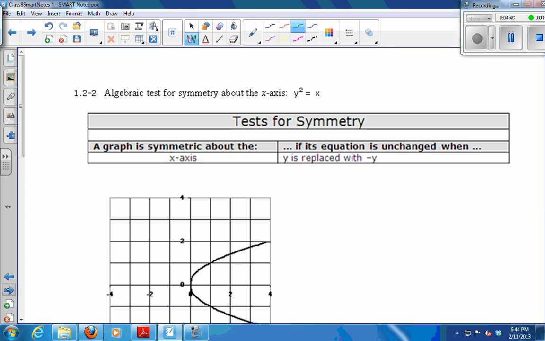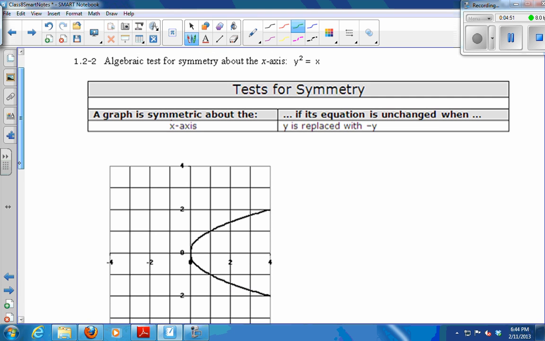All right. Now we'll do an example where we have x-axis symmetry. So I'm looking at the equation y squared equals x. Start by writing down the original equation. And then the test for x-axis symmetry is to replace y with negative y. So here, instead of a y squared, I'm going to have negative y squared.